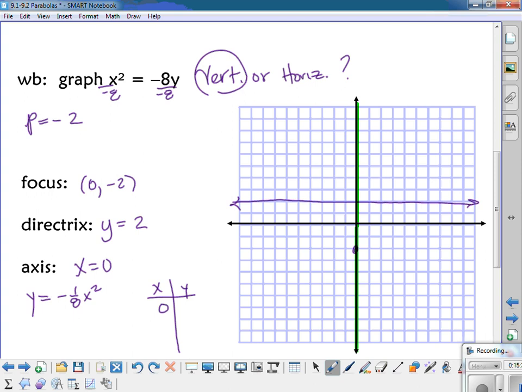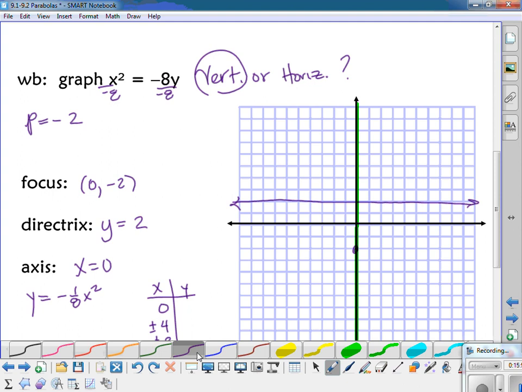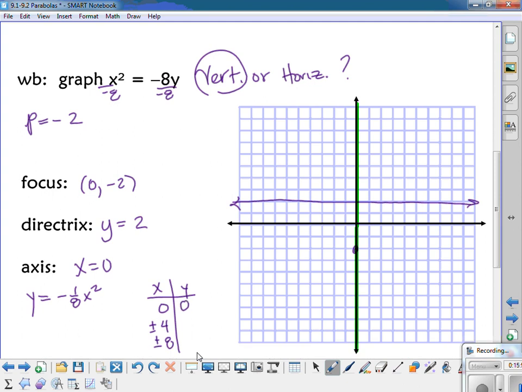So you can put in a 1, but that's not going to be a very pretty number. You can put in a 2. It's okay. But it's going to be easier if you put in something like positive or negative 4 or positive and negative 8. Those will give you the easiest points. So in the interest of time, I'm going to go on. If you plug in 0, you get 0. 4 squared is 16 times -1/8, you get -2.